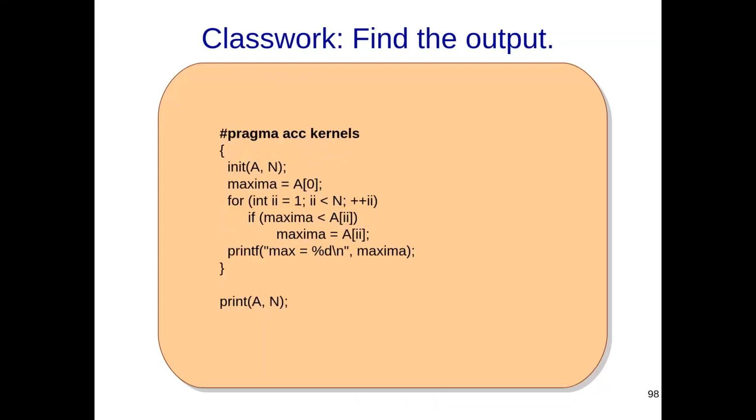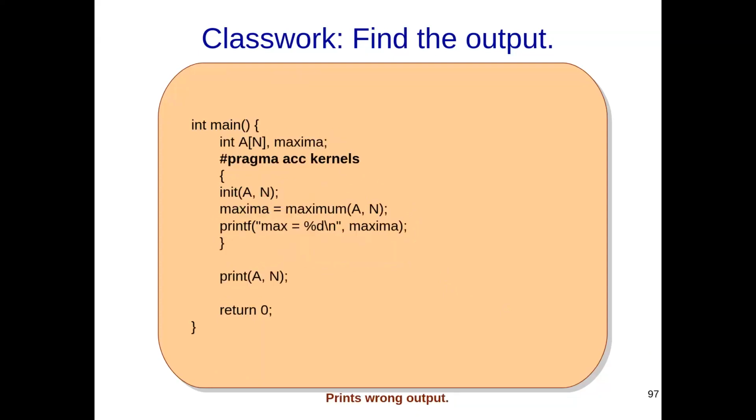However, if I move the maximum function code here inside the kernels pragma, then it starts printing the correct output. Okay, so let's analyze. This code is exactly the same as what we had inside that function maximum. Let me go back and show you the code again.